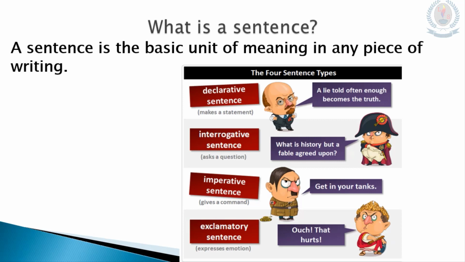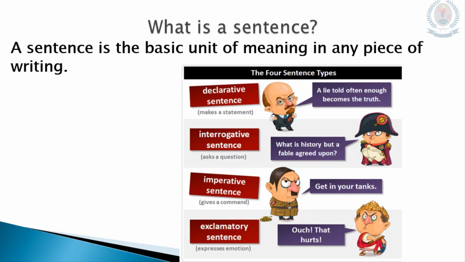This is a declarative sentence. The second type is interrogative sentence. That means a sentence you use to ask a question. Now the example given here is, what is history but a fable agreed upon? So this is a question or an interrogative sentence.